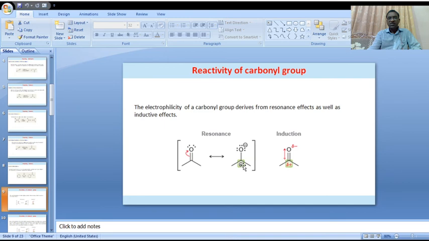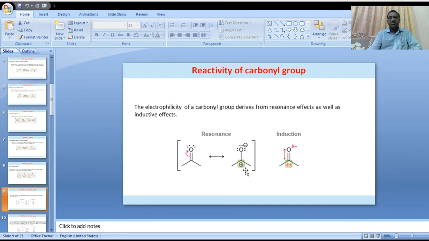And the carbon atom has a deficiency of electrons, because the pi bond electrons are attracted by oxygen, so the carbonyl carbon gets positive.